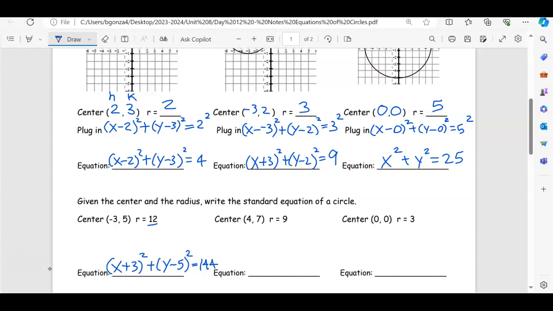Okie dokie. Next one. So x, the opposite of plus 4 is minus 4 squared. Plus y, the opposite of plus 7 is minus 7 squared, equals, and what's 9 squared? 9 times 9 is not 18, it is 81, right?